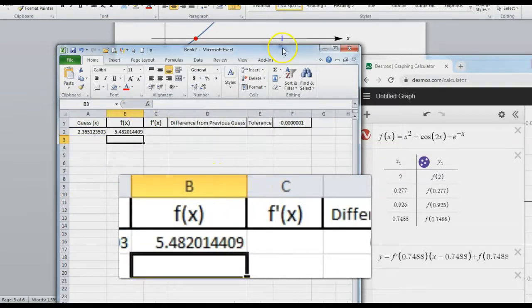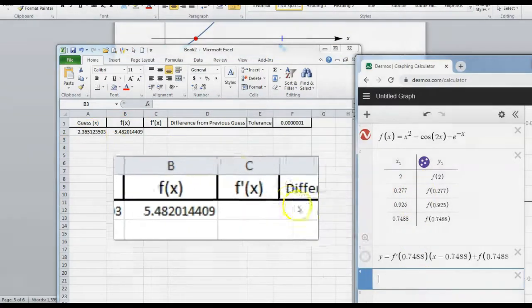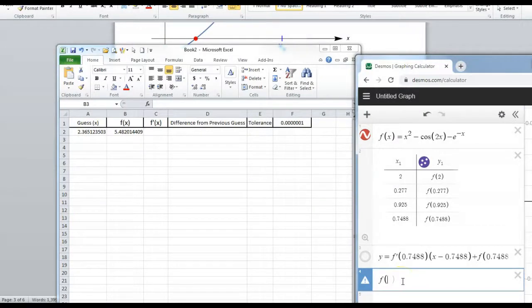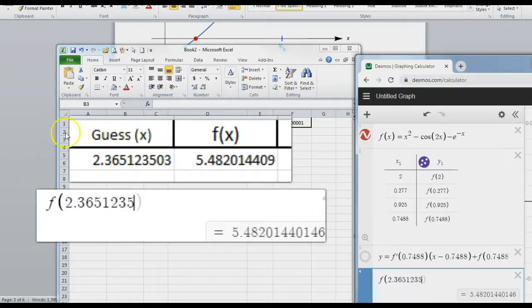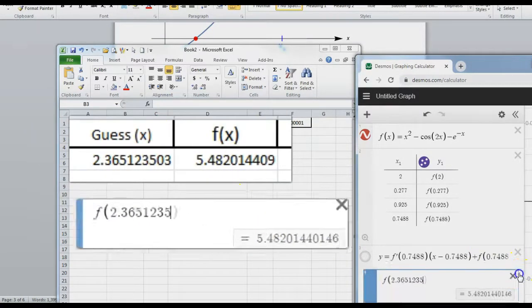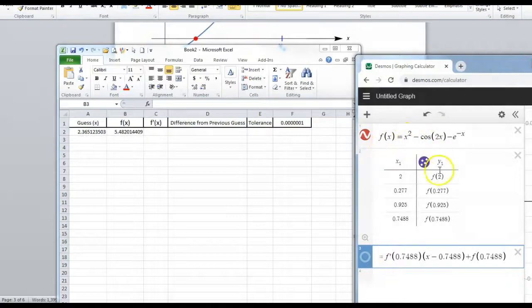All right, and if you look at what we did on Desmos, if I did 2.365123.5, there's that 5.2, the same number. So it's the output. Now this just says f of 2, f of these numbers, but that's my guess, and that's the number that I need in there.